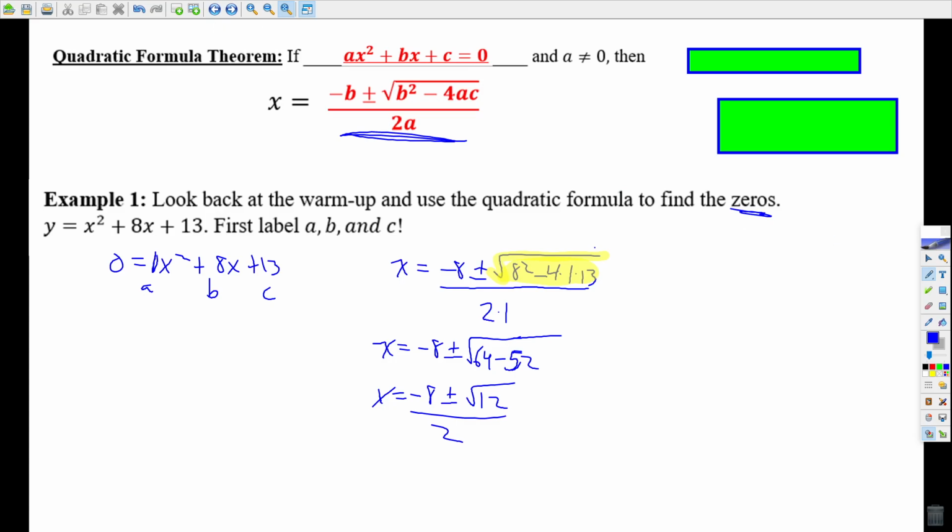This is going to be ugly. At this point, we have to do the square root of 12, which is not going to be a very nice number.